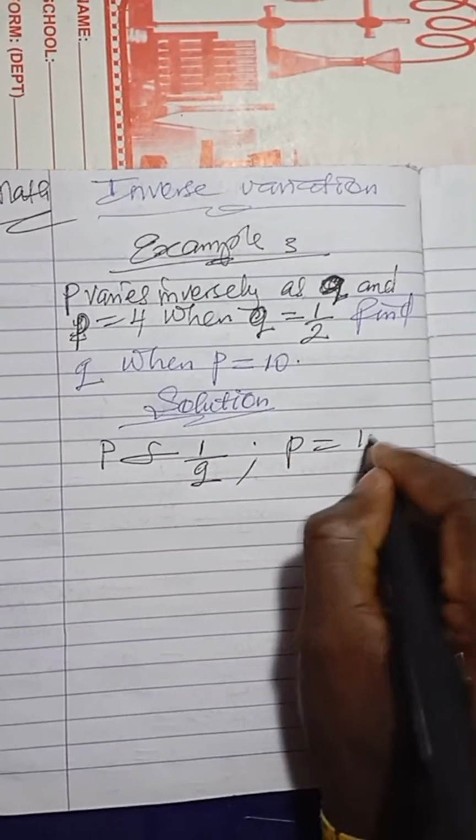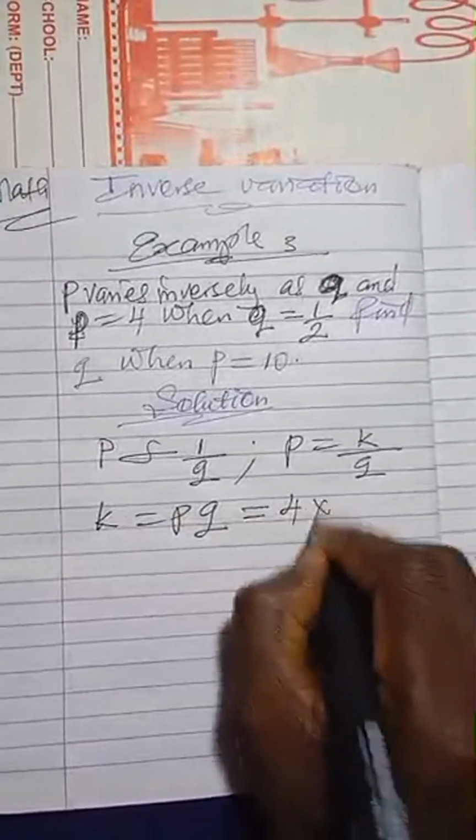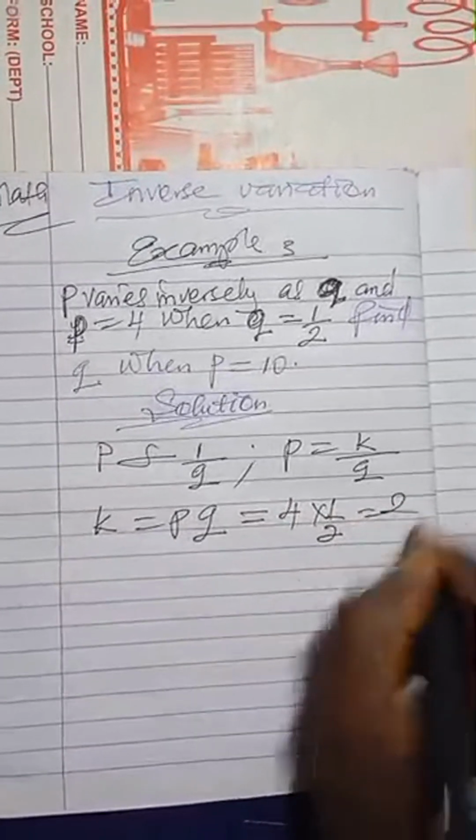Solution: P varies inversely as Q. P is K over Q, so that K equals PQ, which is 4 multiplied by 1 over 2. We have 2 here.